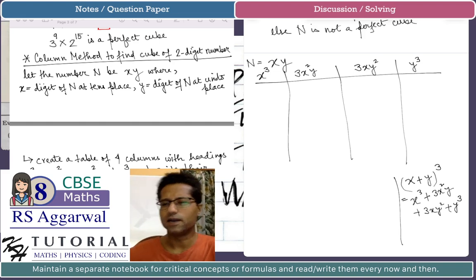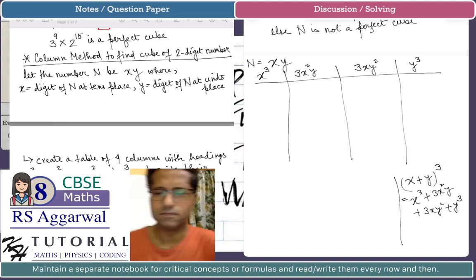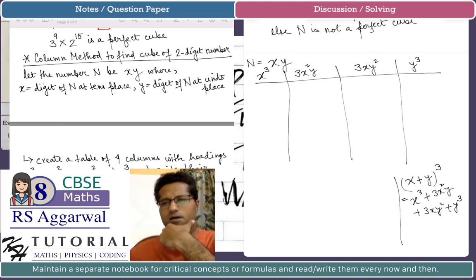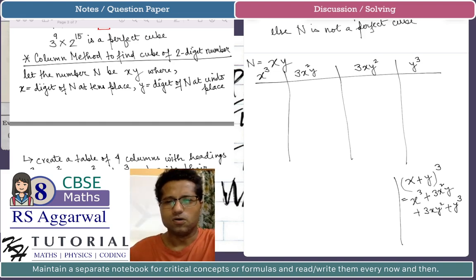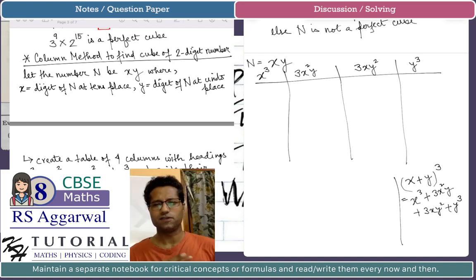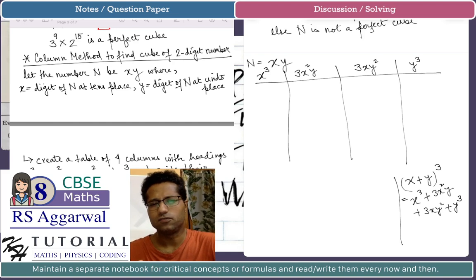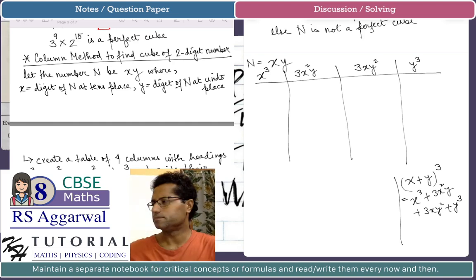From this identity the column names come, and the column method for finding the cube of a 2-digit number is based on this x plus y whole cube formula. The logic and steps are very similar to finding the square of a 2-digit number using the column method.